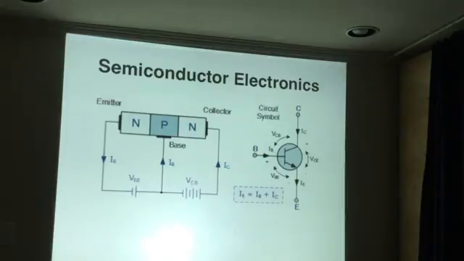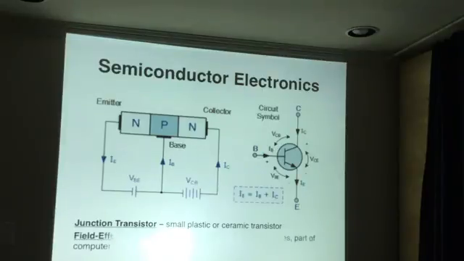So this is how an NPN semiconductor works. So let's take a look at this. You have what's called a junction transistor, which is a small plastic or ceramic transistor. You have also the field effect transistor, which is the more common, that's used in computer chips.